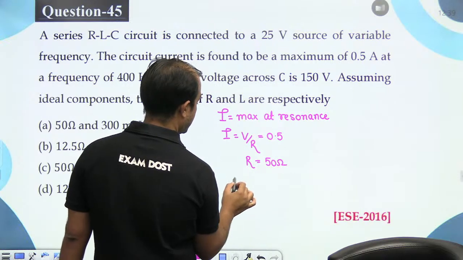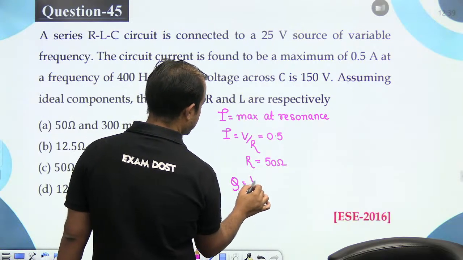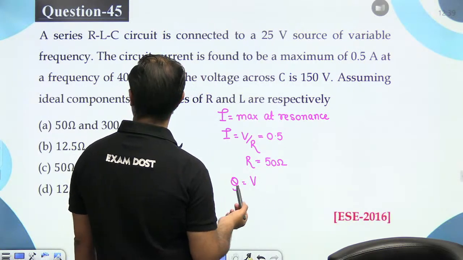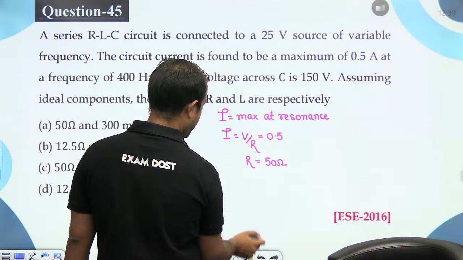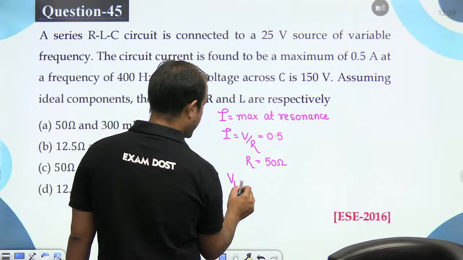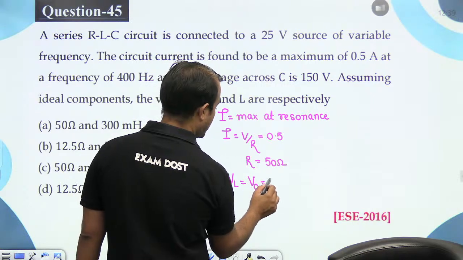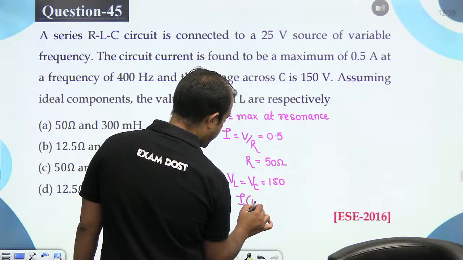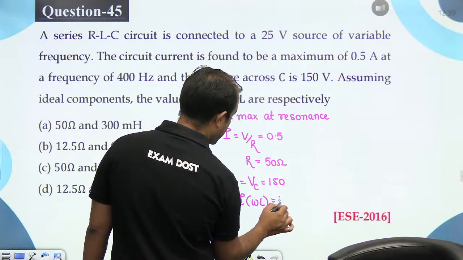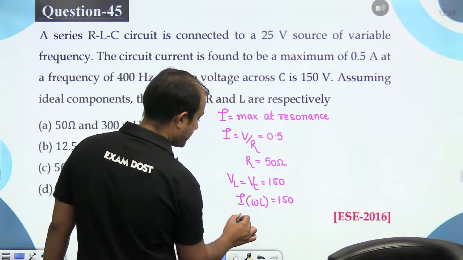Now quality factor. वोल्टेज अक्रॉस सी दे रखा है, आर और एल पूछ रहा है, ऐसे कर लो देखो। At resonance VL equal to VC equal to 150, तो I into omega L is 150.